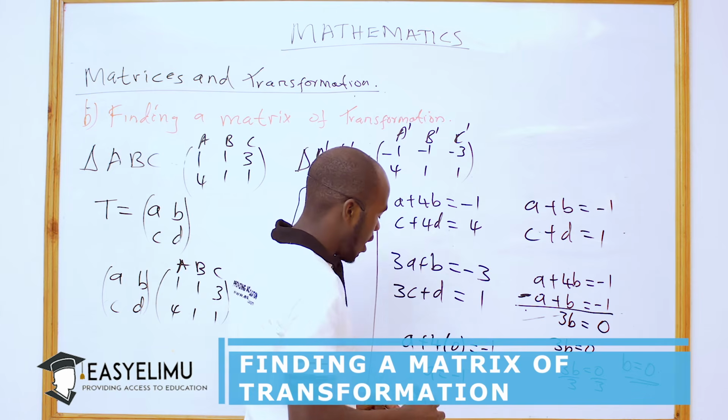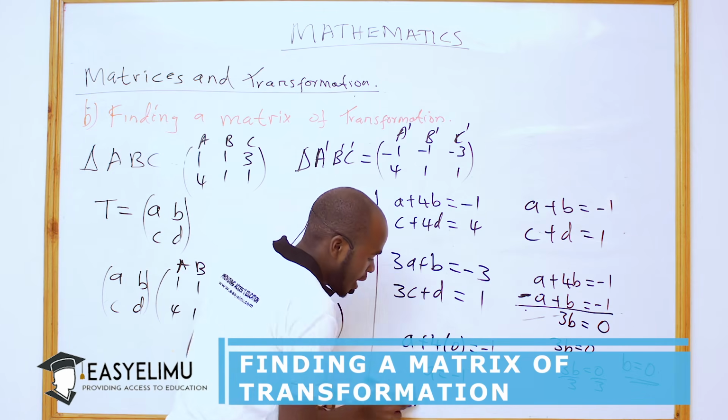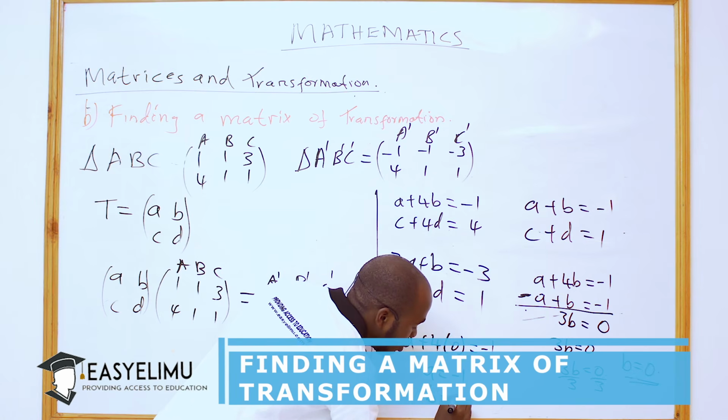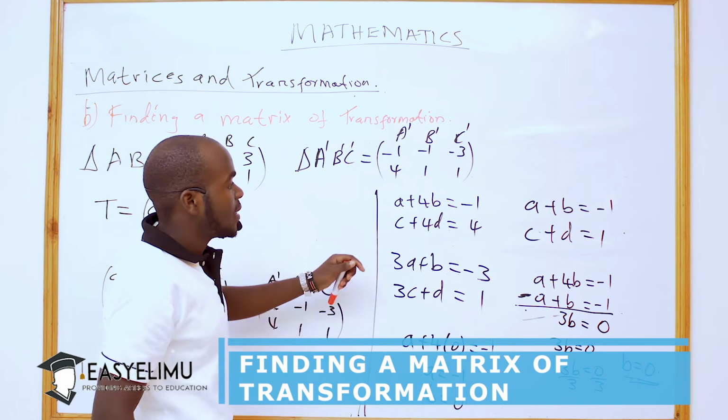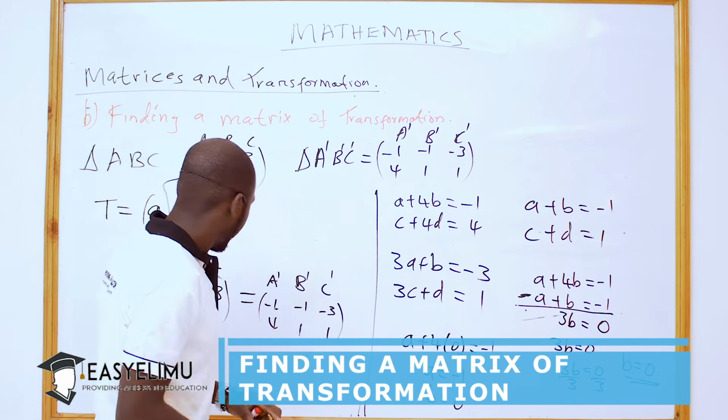Now we have found A being -1 and B equals 0. We can still go ahead and find the values of C and D.